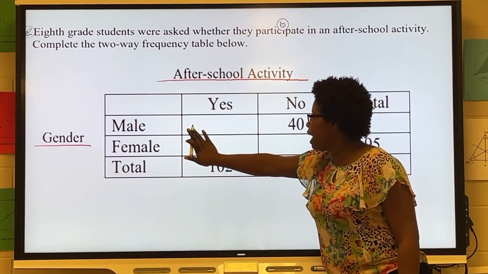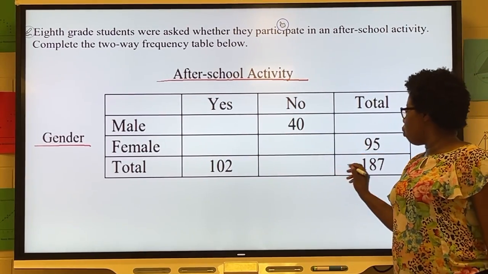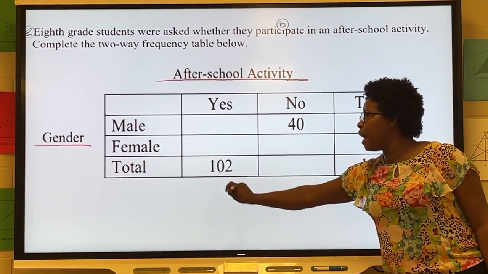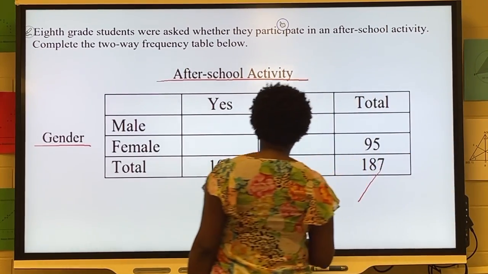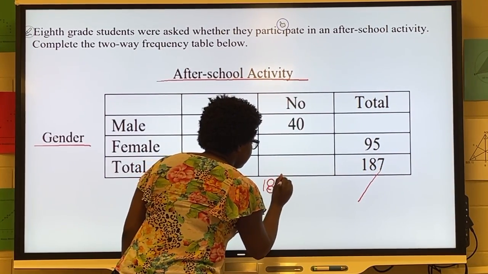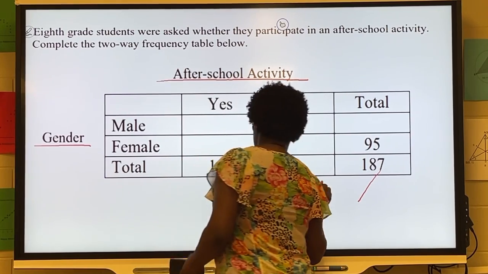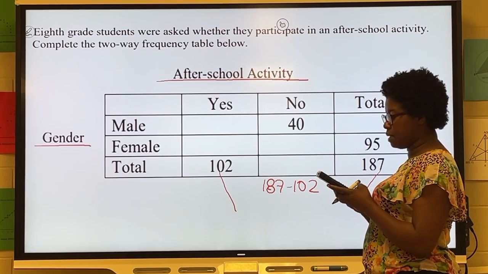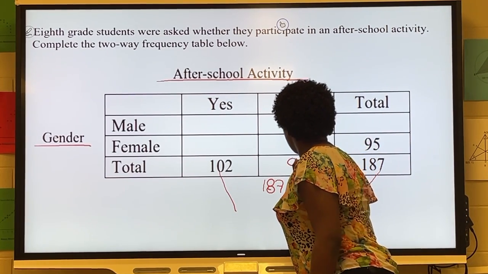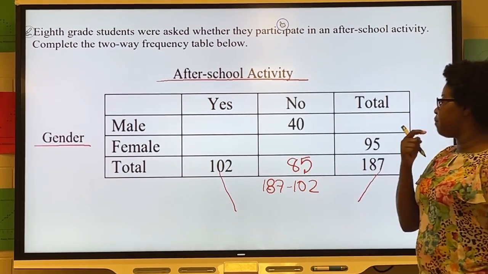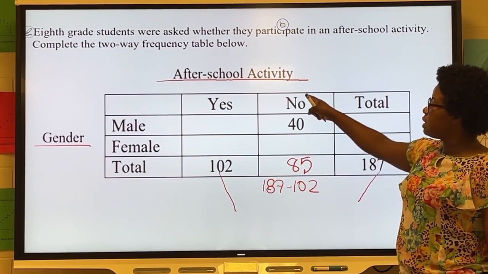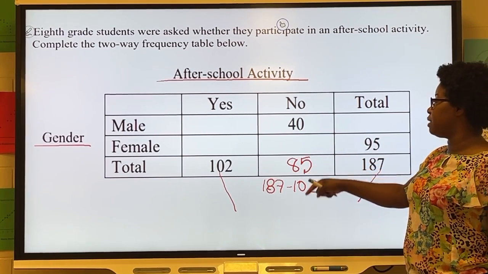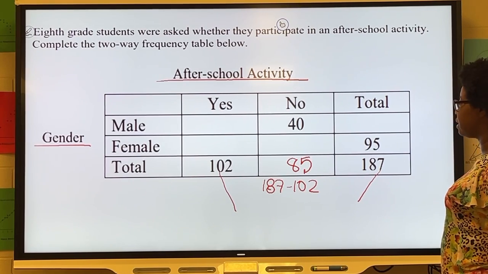But since we don't have the 2 there, we can work the 187 and the 102 by subtracting them. So 187 minus 102, which I don't know in my head, I'm past that stage right now. Right here, we have 85. So 85 students said no, they didn't participate in after-school activities.